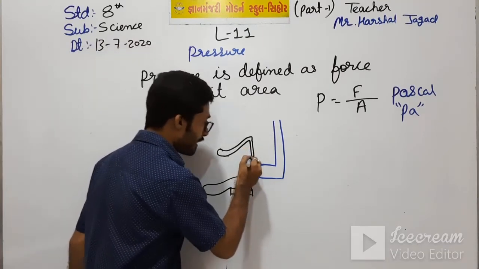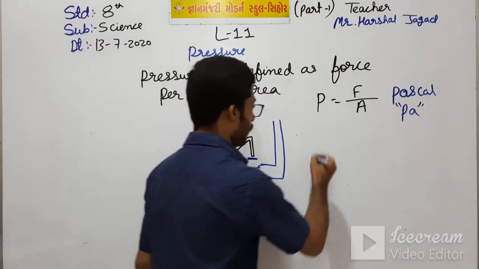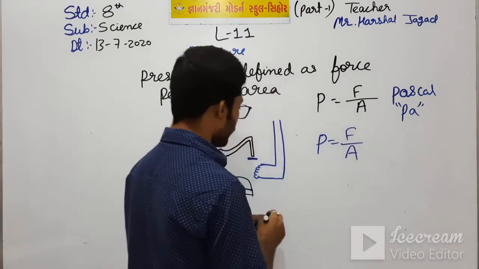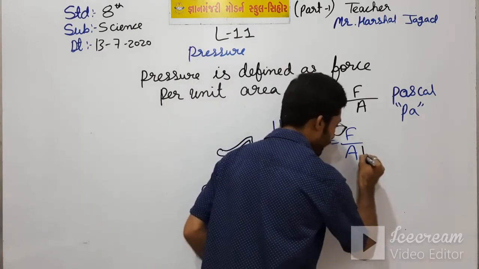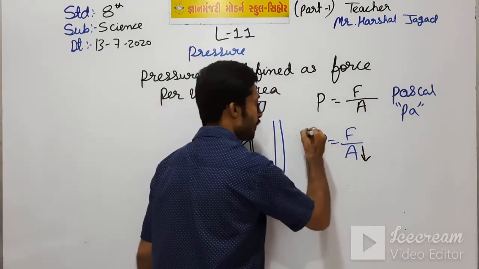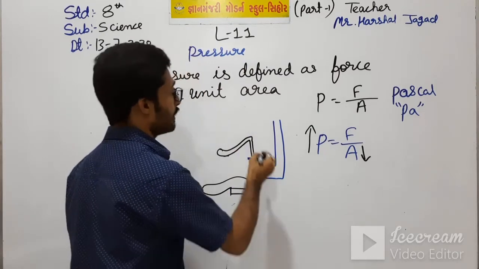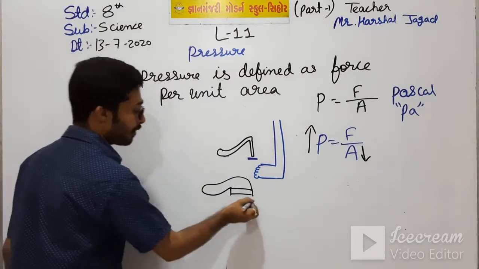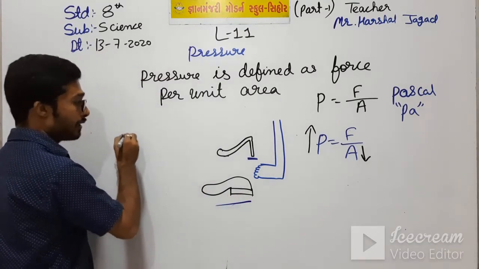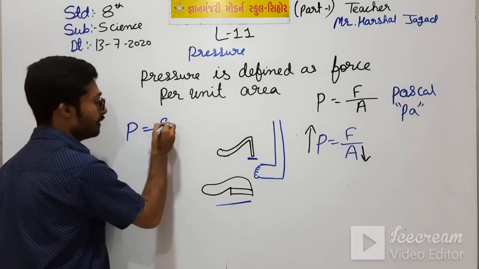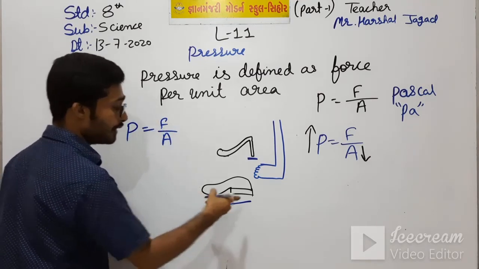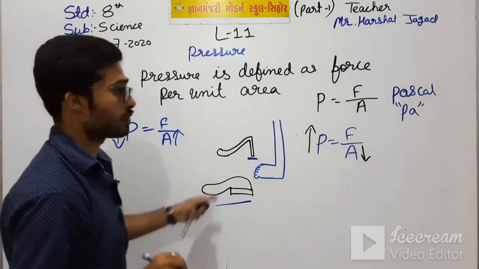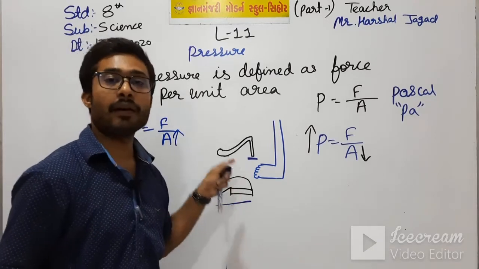This shoe has a small area, so we put P is equal to F upon A. Here the area is small, so the pressure value will be high, so this will hurt more. Why will this one not hurt more? Because here the area is big, P is equal to F upon A, area is more, so the value will be low, so this shoe will not hurt us.